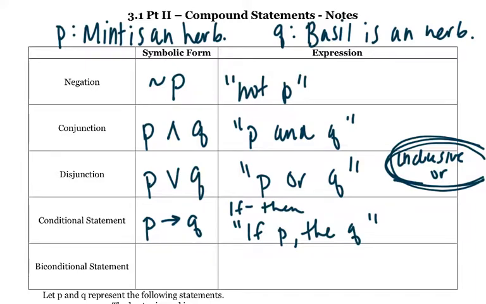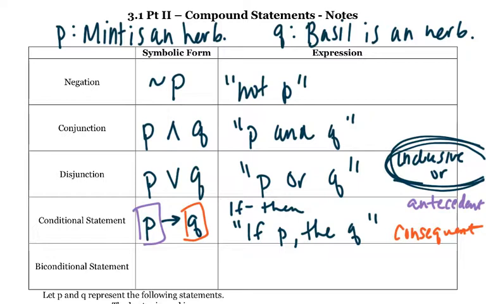There are two parts to the conditional statement. We have the antecedent, which I'm going to put in purple, that's the antecedent. And the part that follows is referred to as the consequent.